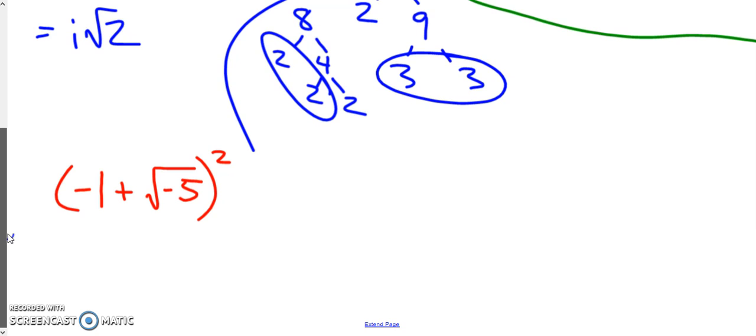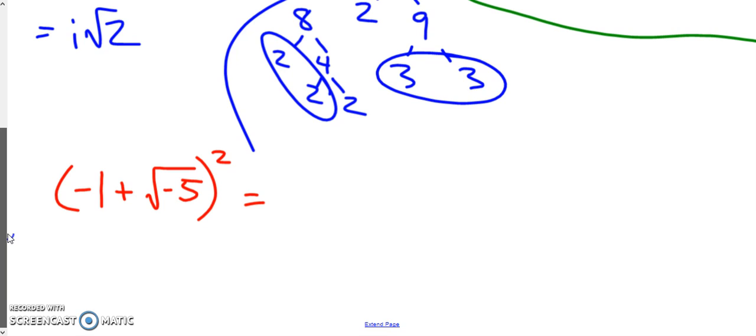All right, so nobody has any thoughts on this? No. But at least you had a thought. Well, if I'm squaring this, because there's a plus, I can't just square the individual pieces.